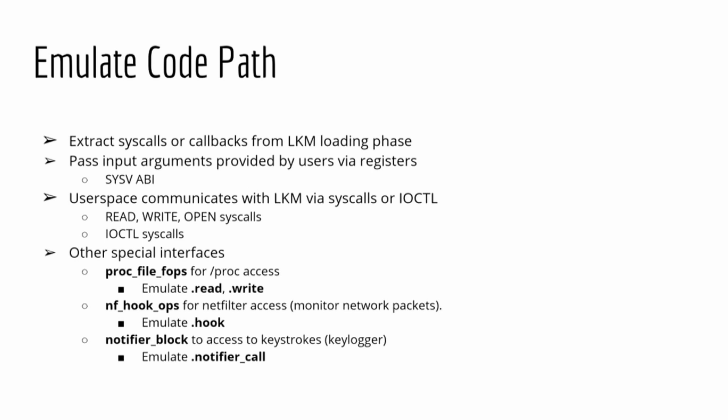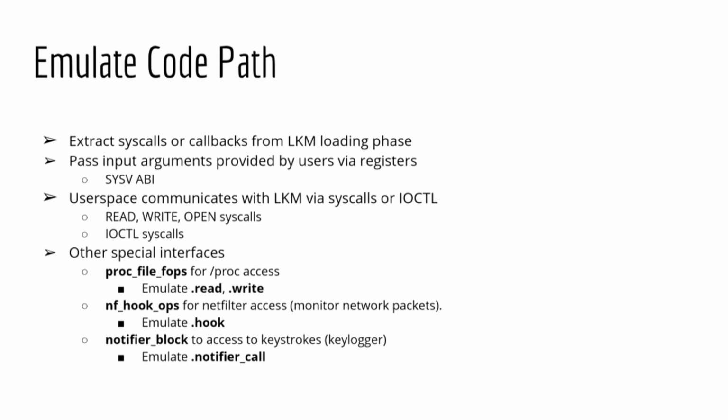After that, we need to trigger the code path that the user wants to emulate. At this phase, the user can decide the input requirements for the code path that they decide to emulate.